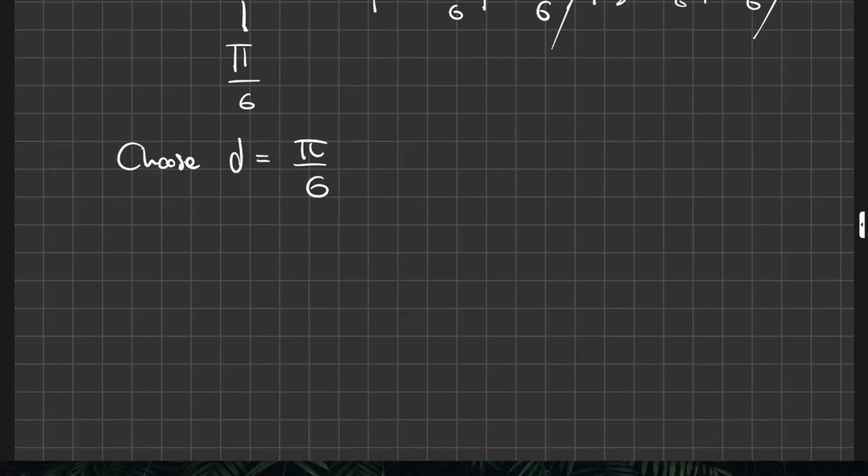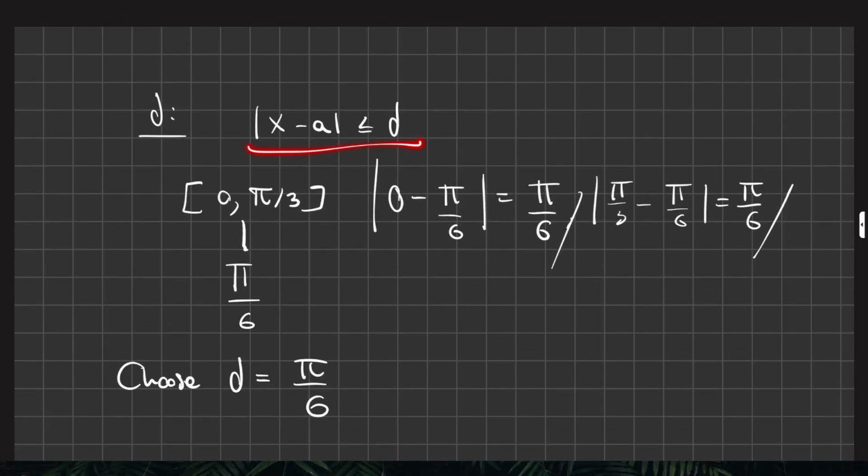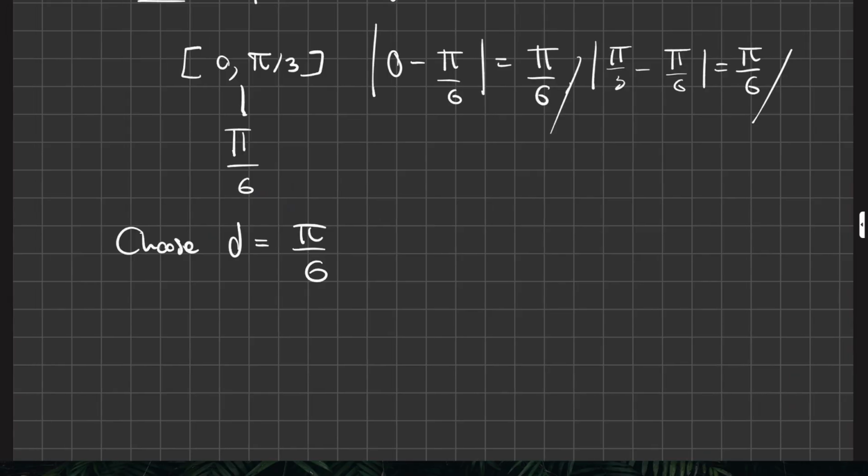And then for lowercase d, we look at this inequality and we consider the interval that we're given, and we want to find out where the center, a equals pi over 6, actually sits relative to that interval. And then we can just test the endpoints. So in this case, 0 and pi over 3. And now we have a value for lowercase d being pi over 6.